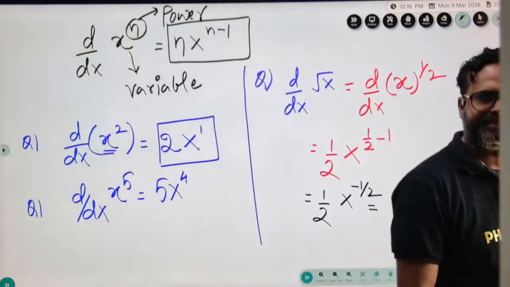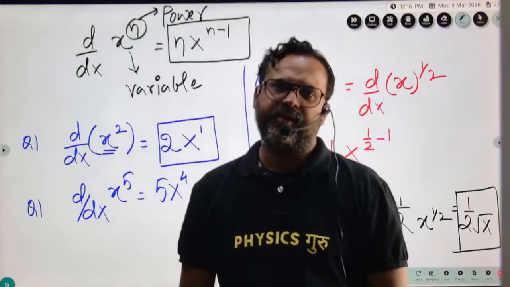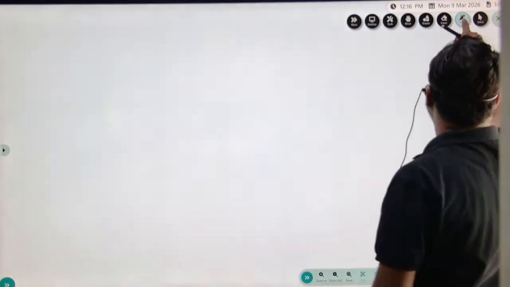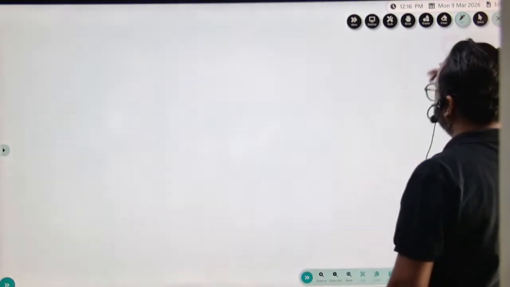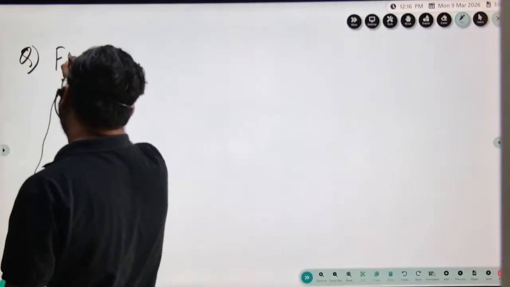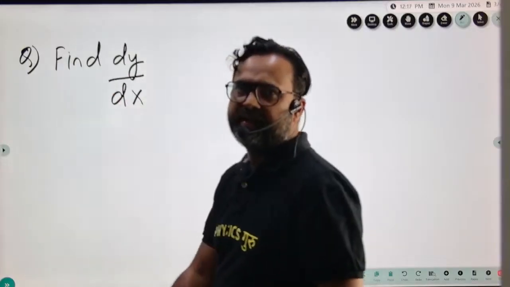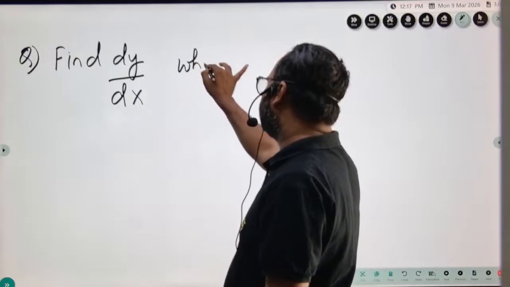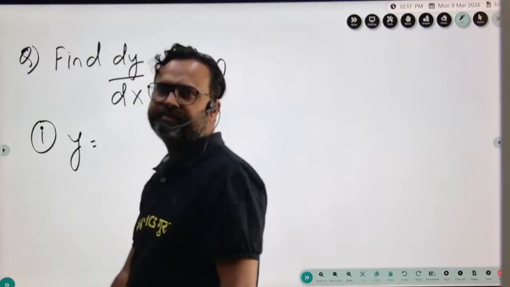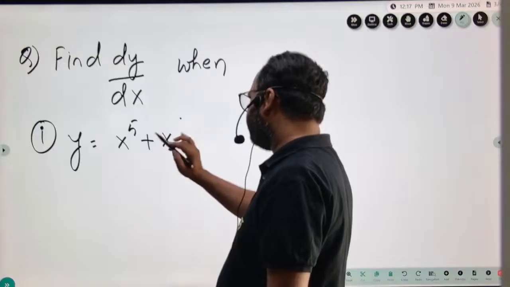Done? Okay. Good. Now, a few more questions for practice. For example, if I ask you to find the derivative, write the question: find dy by dx when, first one, y is equal to x raised to the power 5 plus x raised to the power 4.